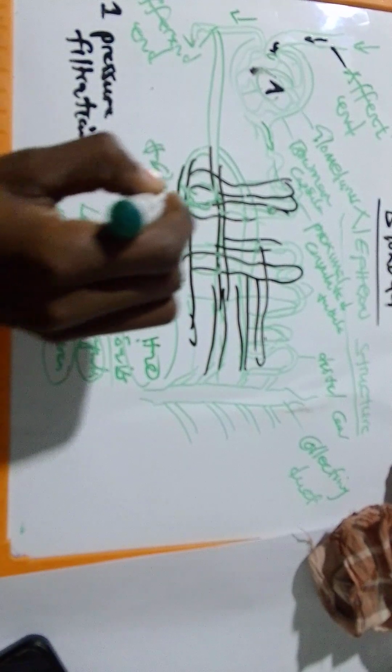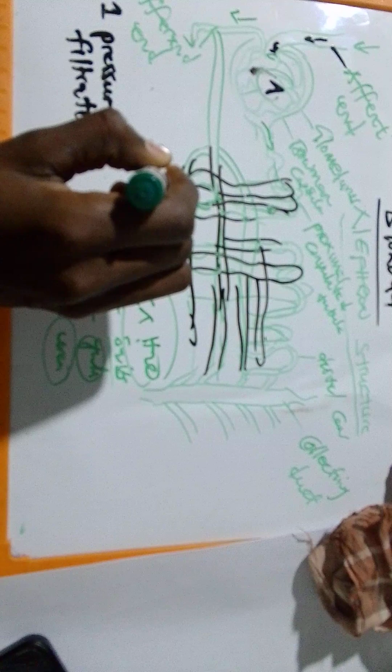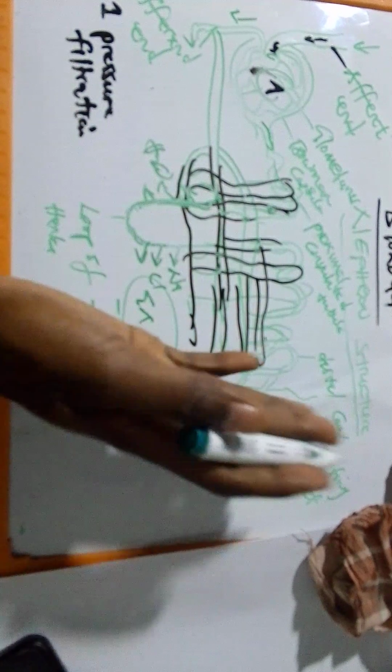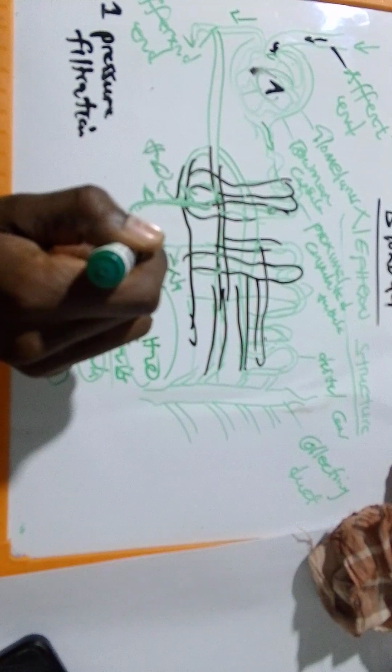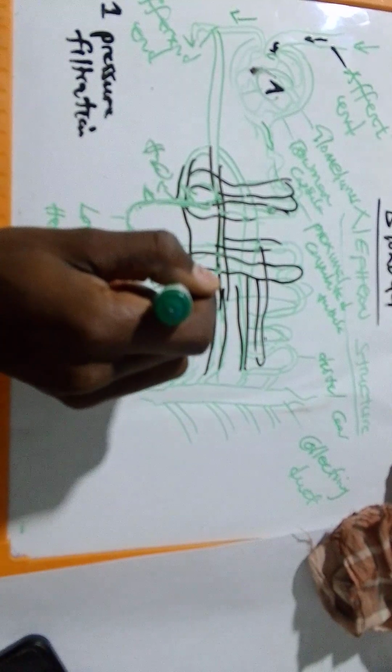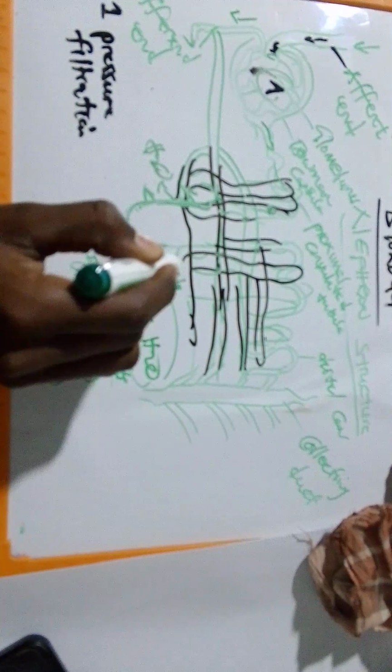So the salt which made this solution concentrated because it is lacking water, then in the other end, this part is not permeable to water, but it is permeable to sodium and chlorine. Hence, sodium and chlorine will be excreted out here.